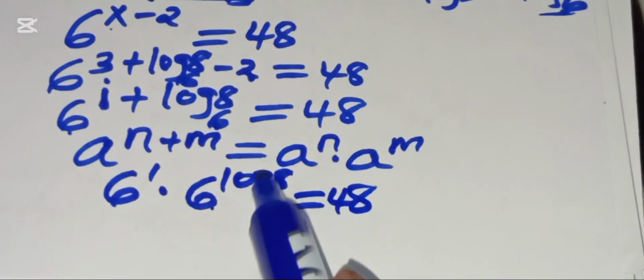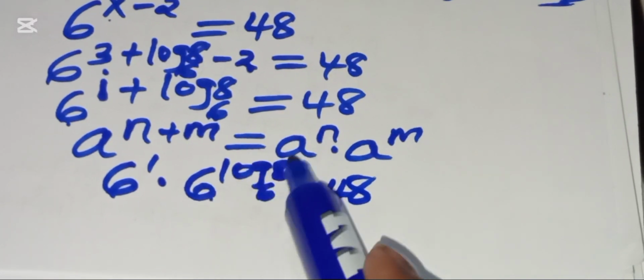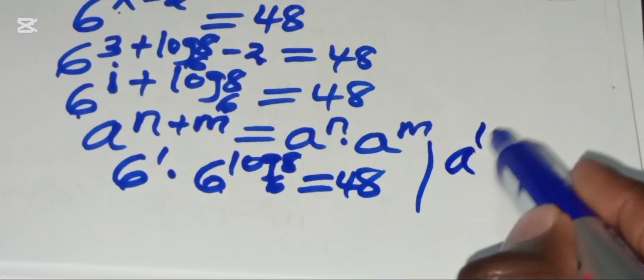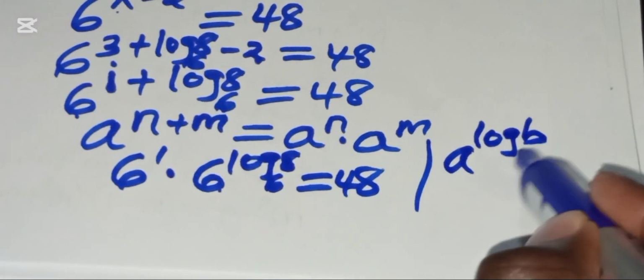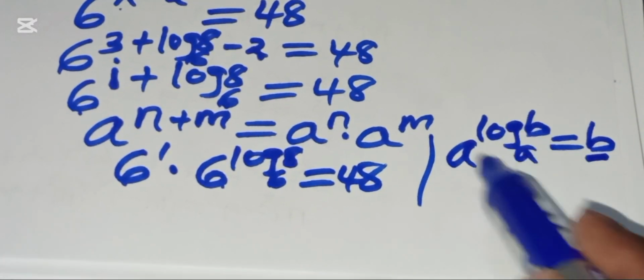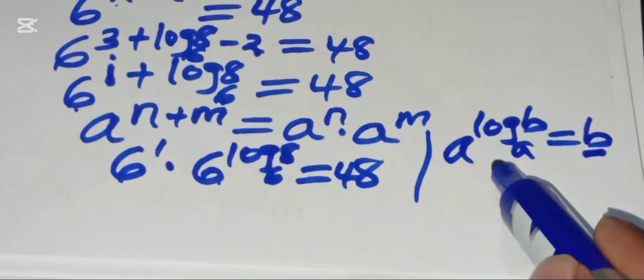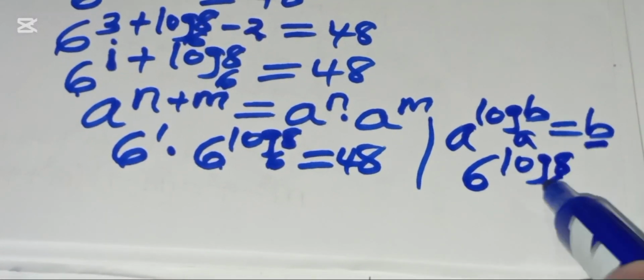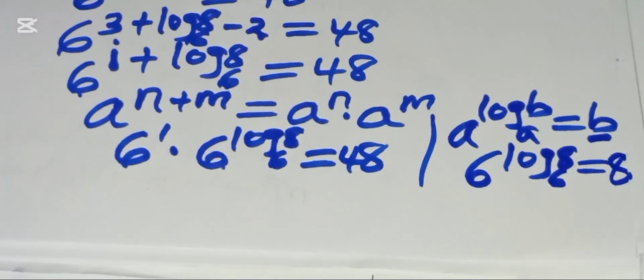Now 6 raised to power log 8 to base 6 is in the form of a raised to power log b to base a, which is basically equal to b. Applying this property, 6 raised to power log 8 to base 6 is essentially equal to 8.